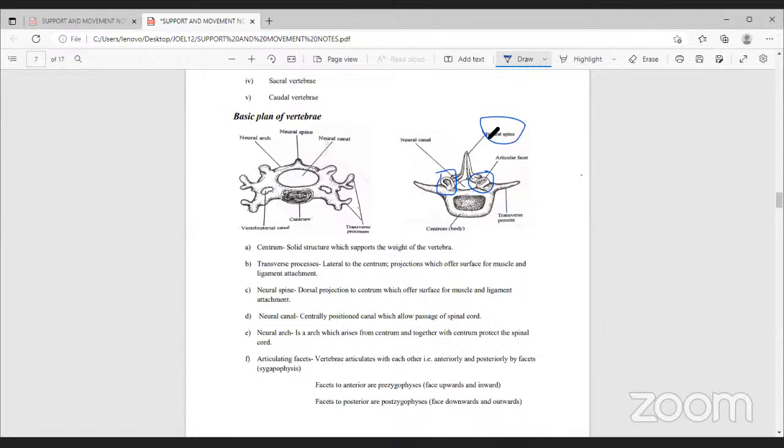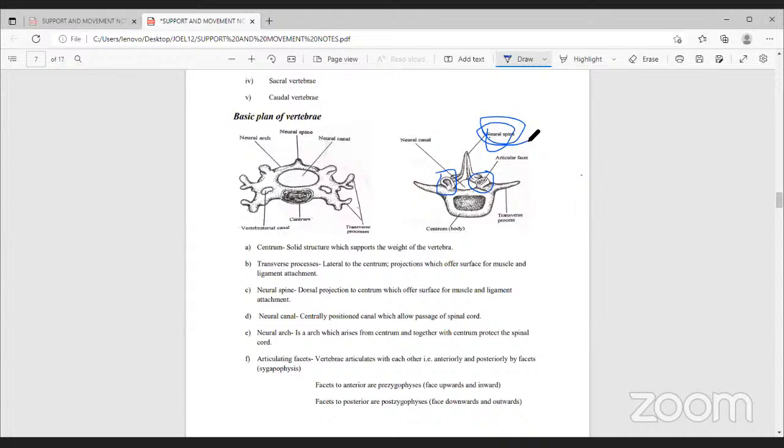When you talk about the vertebral column, sometimes you call it the spinal column. It is one and the same thing. So the spinal column is the bones that are making up the vertebrae. When you talk about the spine, I've shown you, this is the neural spine here.